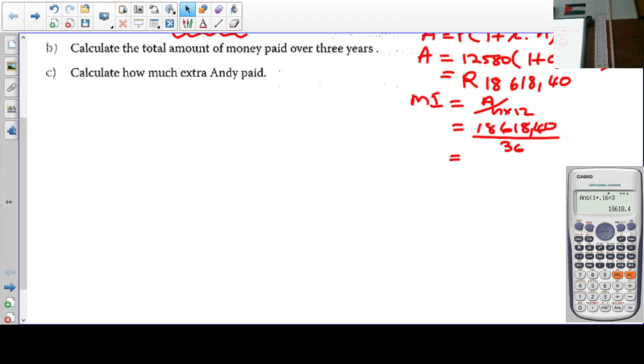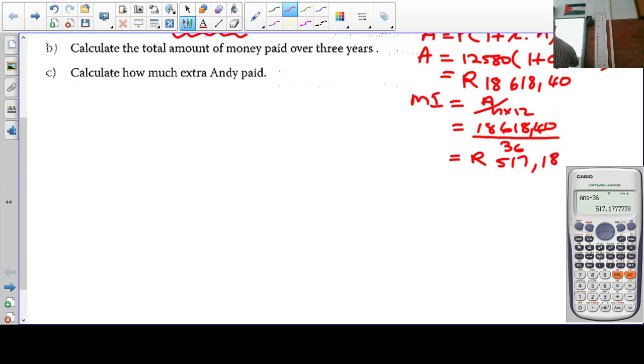So we say answer divided by 36 gives us an answer of 517 rand and 18 cents. Any confusion there, people?